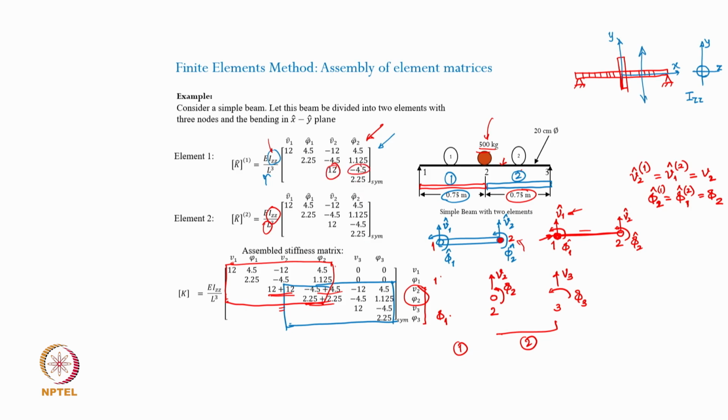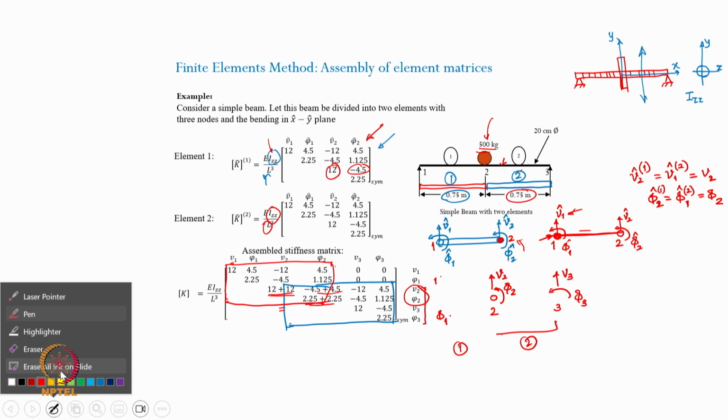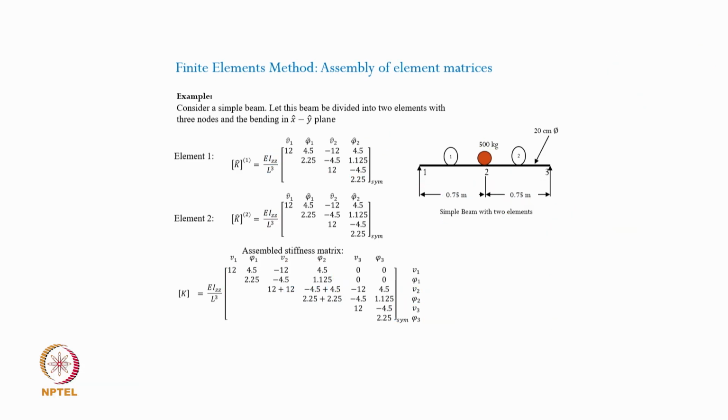This is how the assembly is done, and now you can notice that the global stiffness matrix would have these nodal degrees of freedom in the global node numbering, and that is how the assembled stiffness matrix will look like.